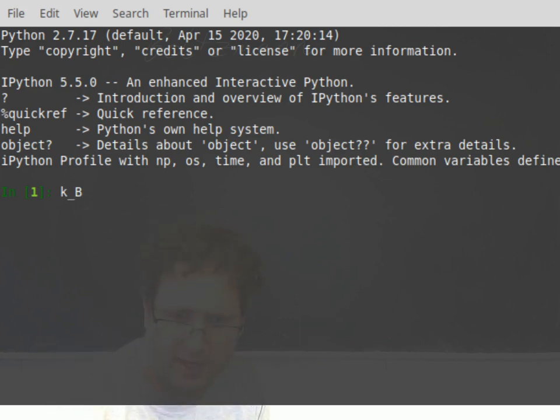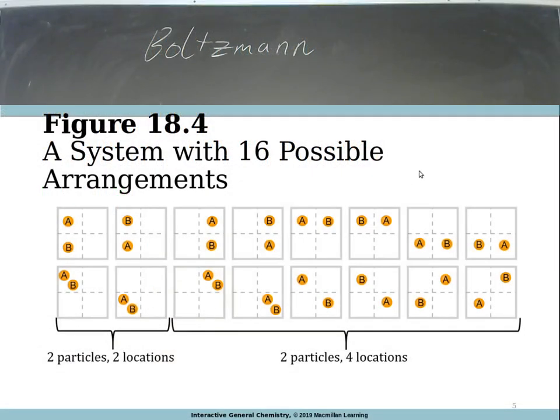So I'll take k_B times the natural log of 16. And there we have it: 3.83 times 10 to the negative 23rd joules per Kelvin. That is the entropy of our system here with 16 possible different arrangements.